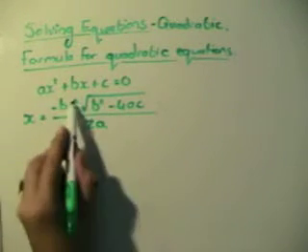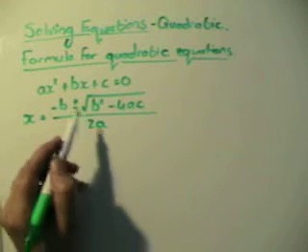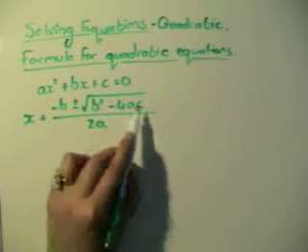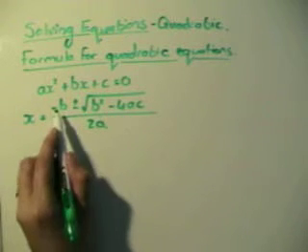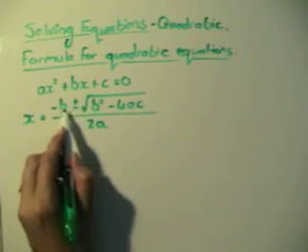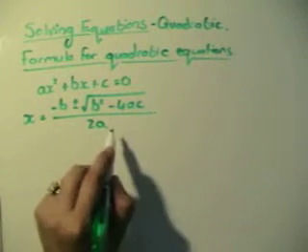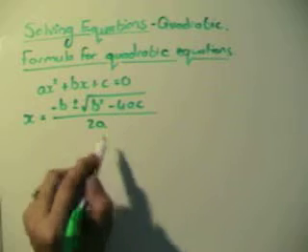Okay, and this plus minus means that on my calculator I'm first going to take minus b plus the root of b squared minus 4ac over 2a. So I type everything.